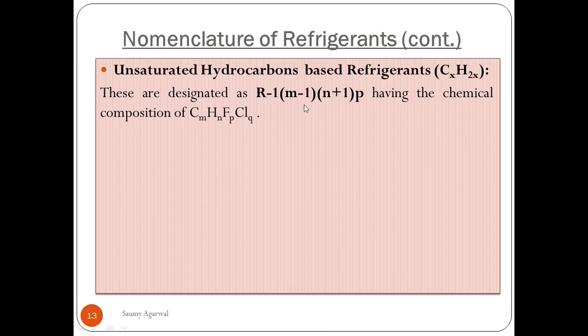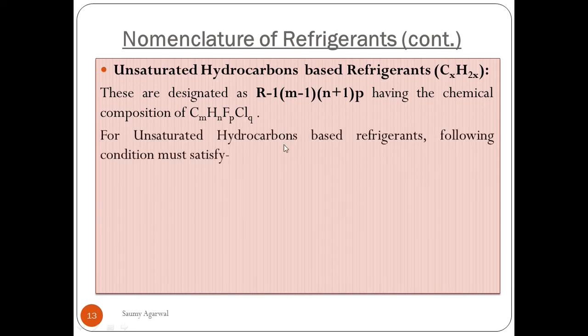In case of saturated hydrocarbons, the designation has 3 digits. In case of unsaturated, the designation has 4 digits, which always start with 1. For these refrigerants, the following condition must be satisfied: n plus p plus q equals 2 times m.